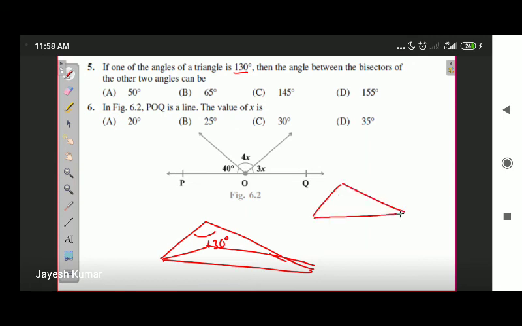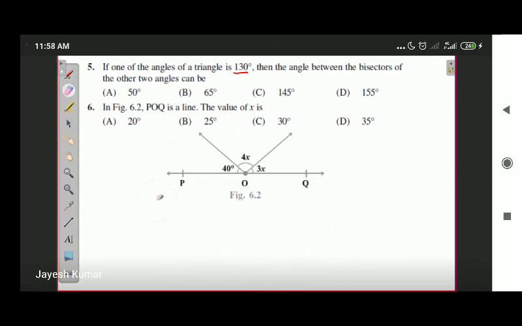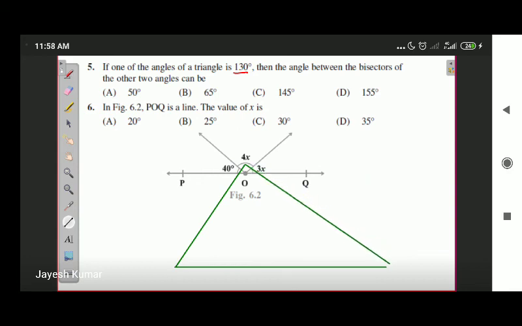This angle is 130 degrees. These are the bisectors. Let me make a bigger, proper diagram. This is the base, and these are the bisector angles.